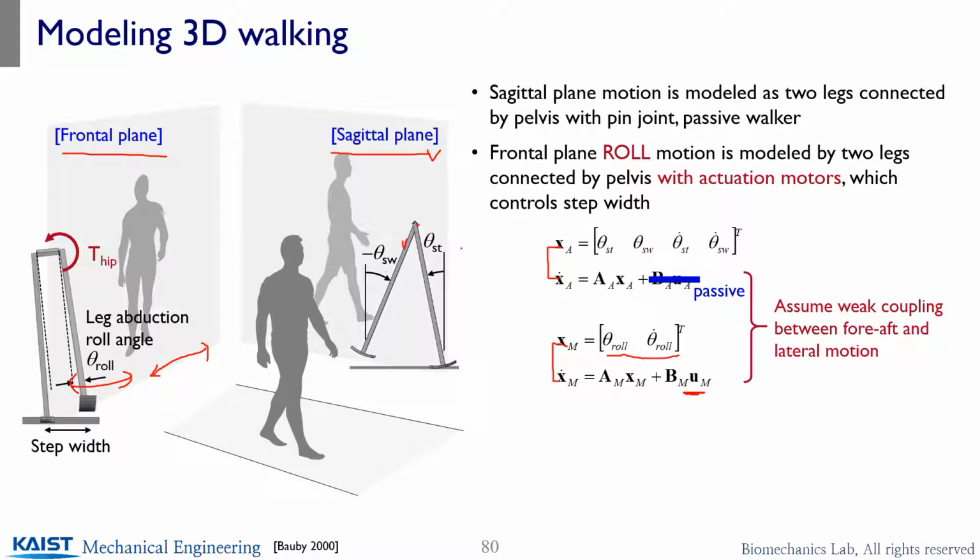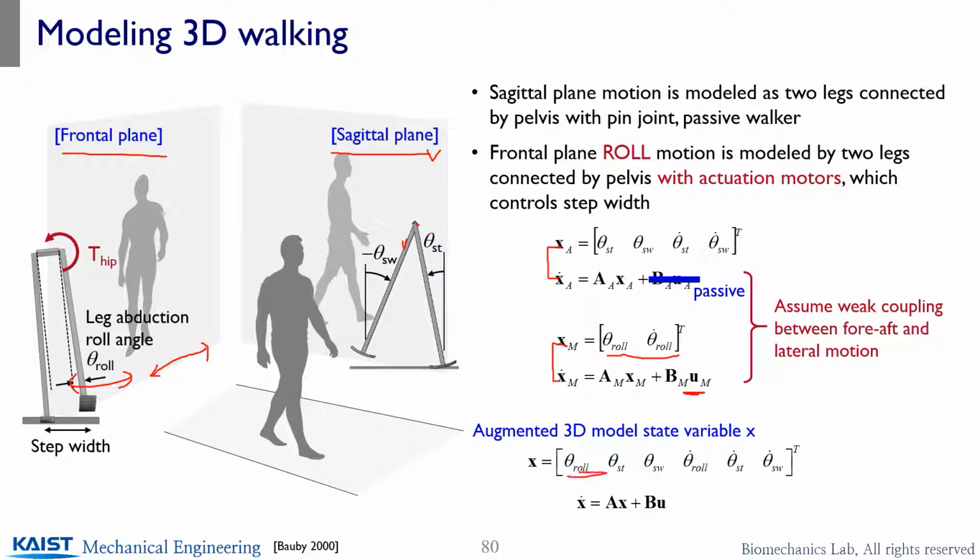And of course, those motions interact, from the sagittal motion state variables to the frontal plane dynamics. However, let's assume that there is weak coupling between them, so the equations of motion can be obtained separately. Okay, so with that, we have a total of 6 state variables, including the roll states. So that's the augmented state variable and its state space form. Okay, x dot equals ax plus bu.